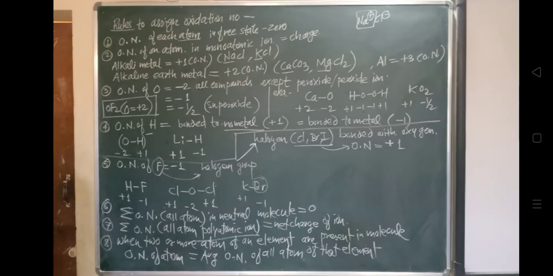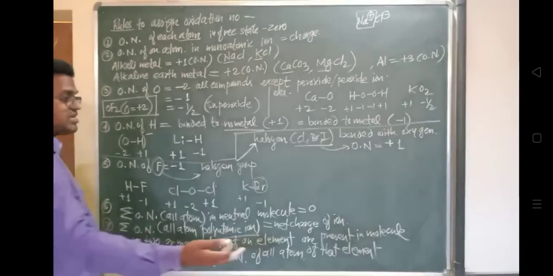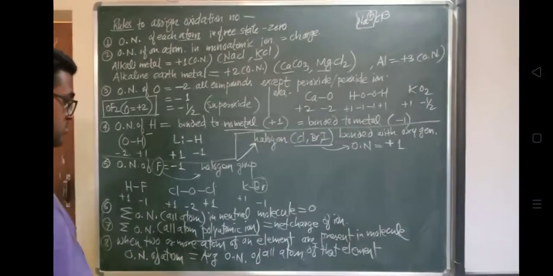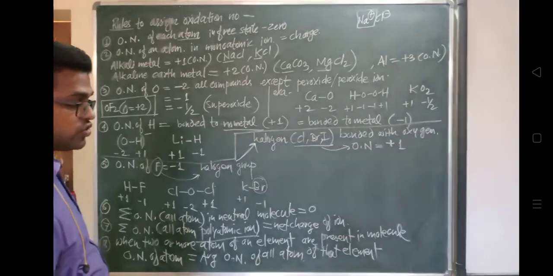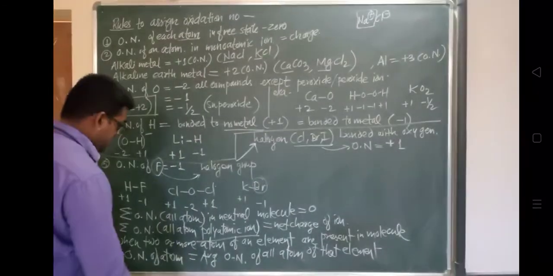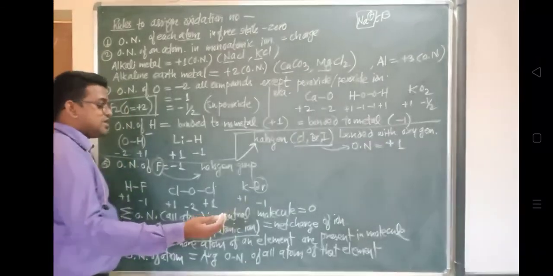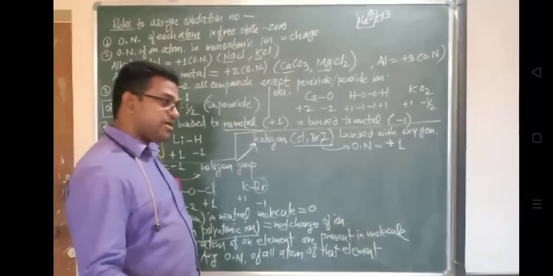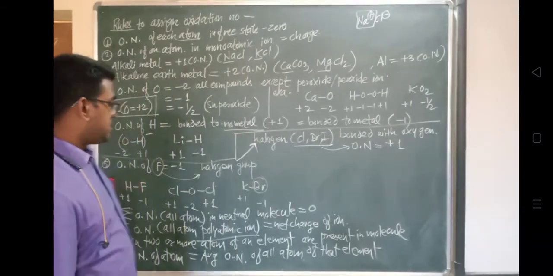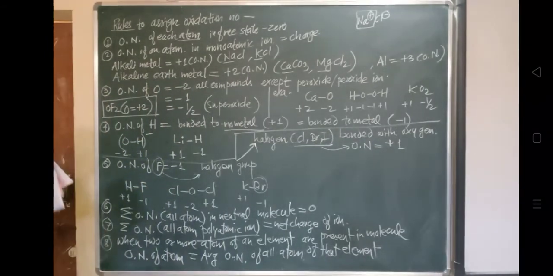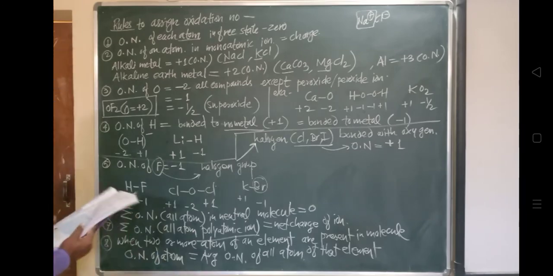And when two or more atoms of an element are present in the molecule, to calculate their oxidation number we take the average of the oxidation numbers of the atoms of that element. So these are the 8 rules for assigning the oxidation number.